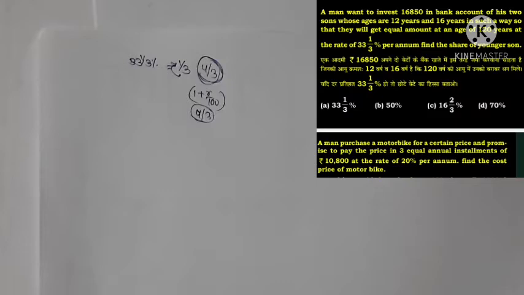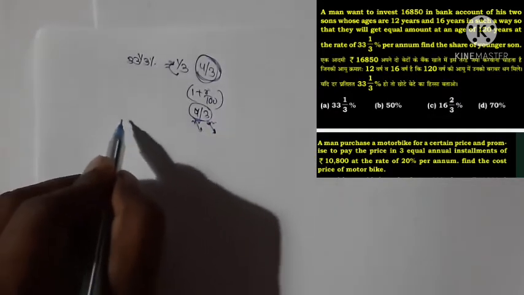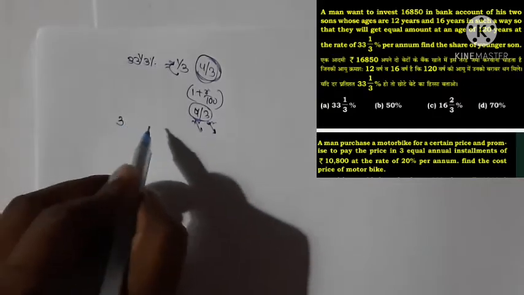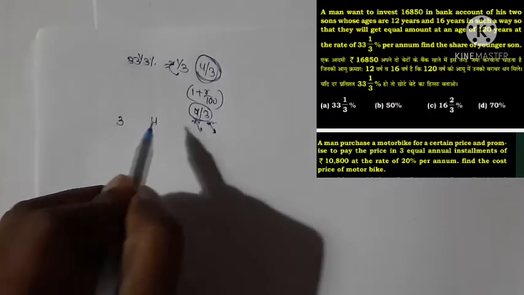That means the invested amount of the younger son is less than the elder son. So among these, the lower value is 3, the bigger value is 4.